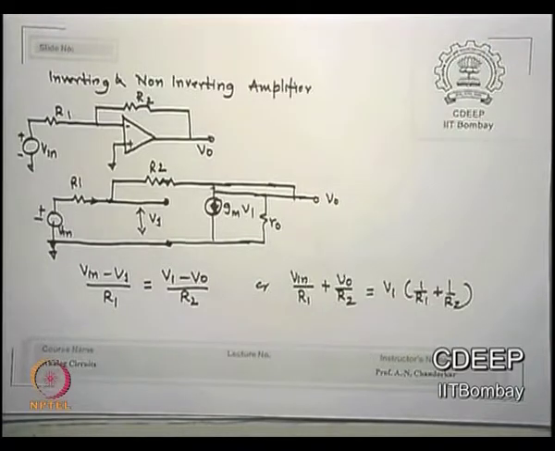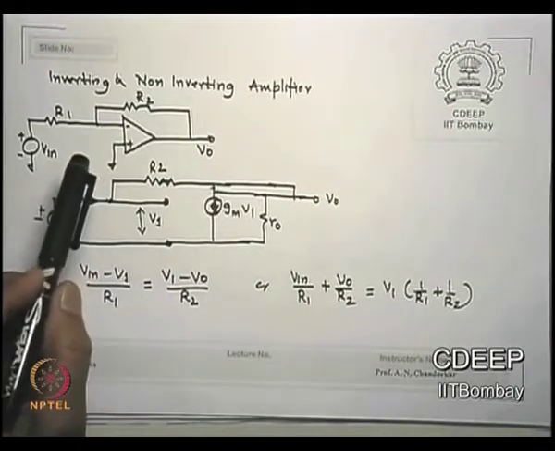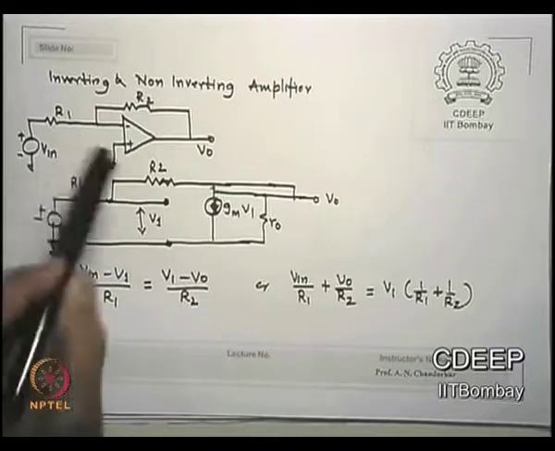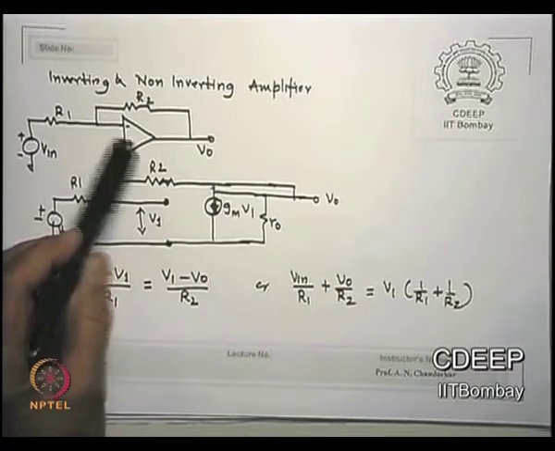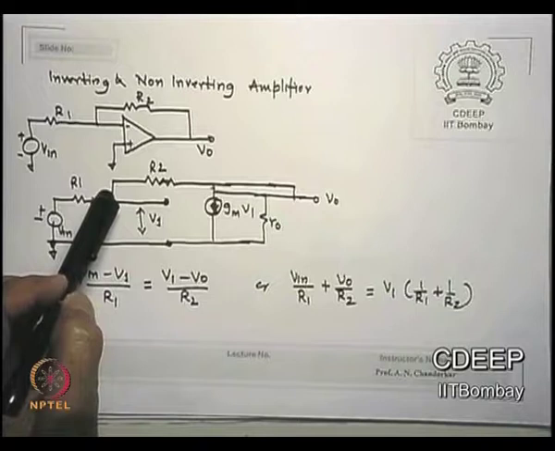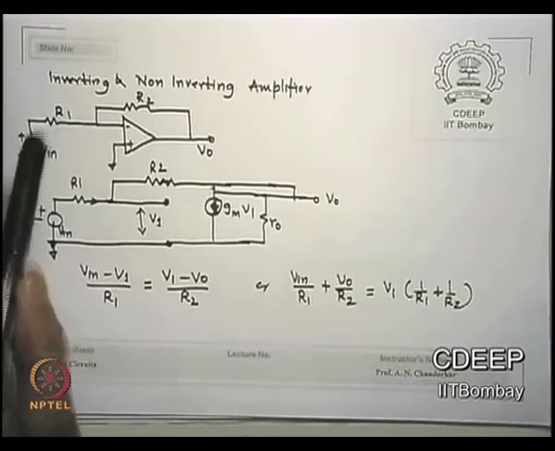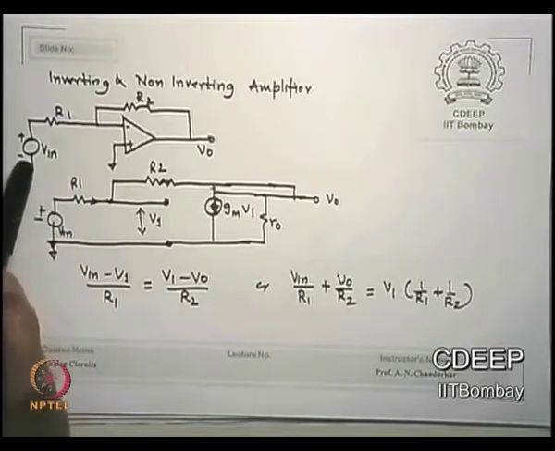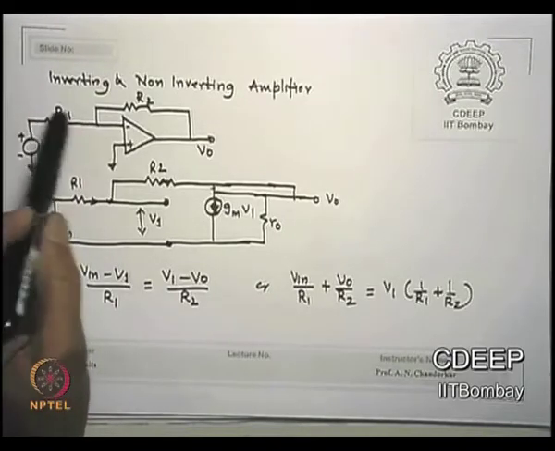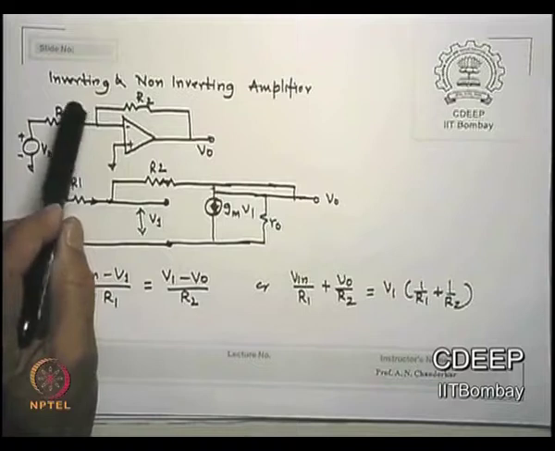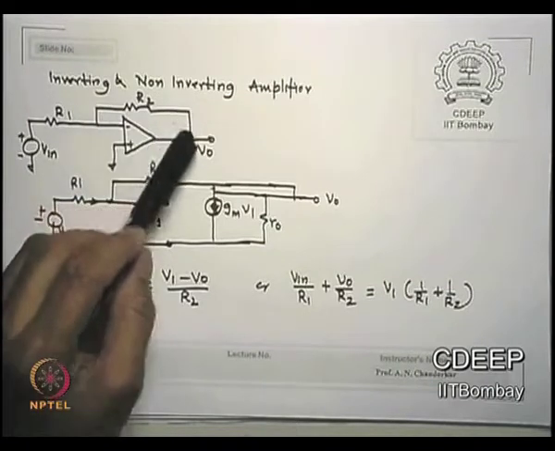Okay. In an inverting amplifier, the V plus terminal is grounded. Which means Vin now occurs between V minus and V plus. Okay. So here is the ground. From the V minus terminal, I connect a resistance R2 to the output.